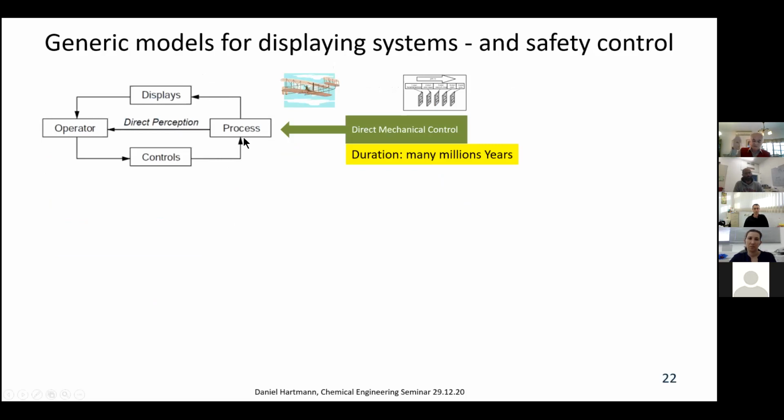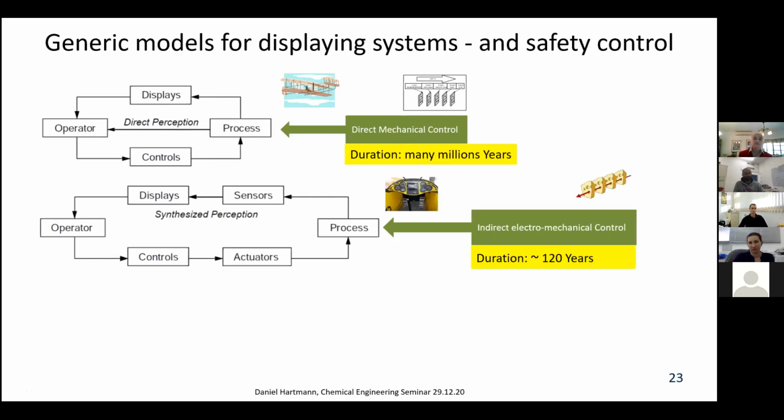It can be just hitting with a hammer or with a stone on something, on a nut and break it. But it can be also a very complex mechanical system. But in a mechanical system, we observe directly the process. Yes, and I said before, we are within this system for many million years.